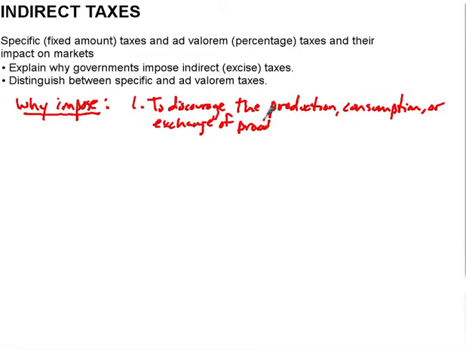We know that if we tax a product, then people will generally buy less of it. Okay, and we're going to get into a little bit later about if it's an inelastic product or an elastic product, and what's going to happen when we tax either of those goods.